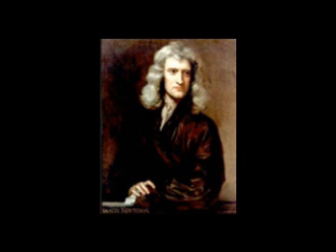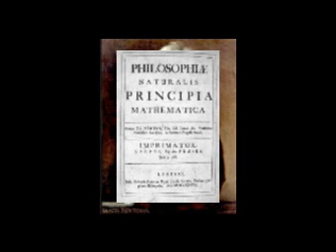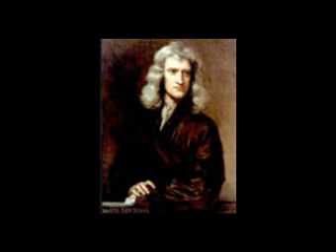In the same century, in 1687, Sir Isaac Newton developed and published his book known as the Principia Mathematica. There he outlined the laws of motion, as well as co-inventing, with the German mathematician Gottfried Leibniz, that branch of mathematics known as calculus.